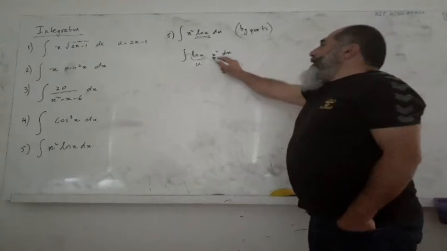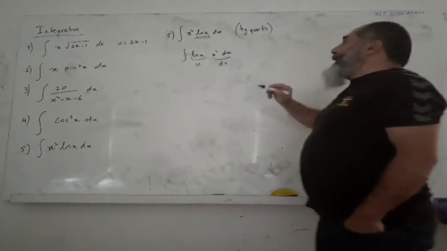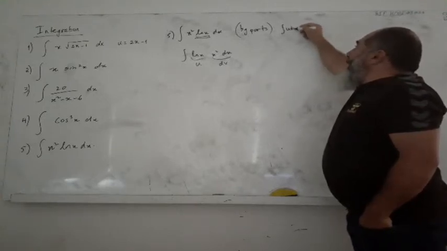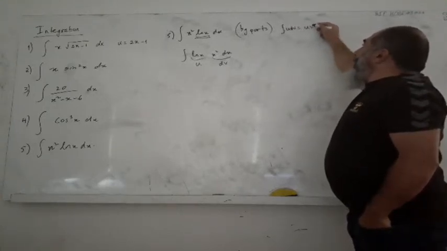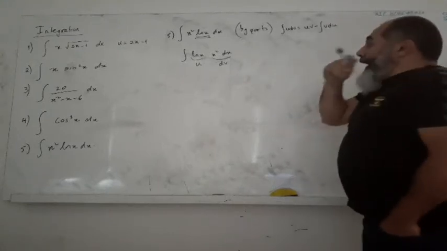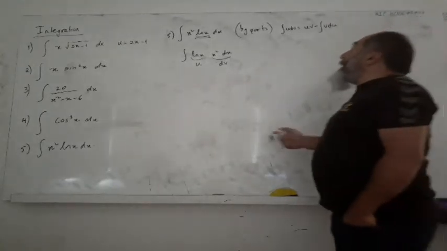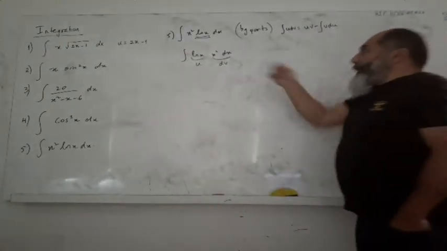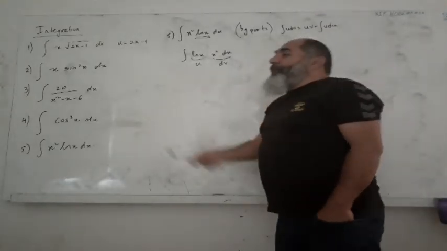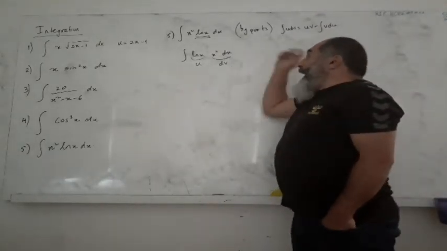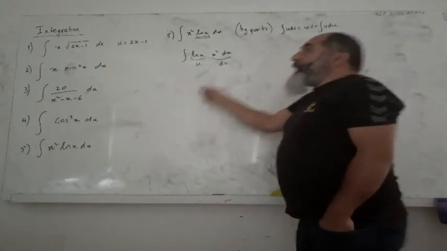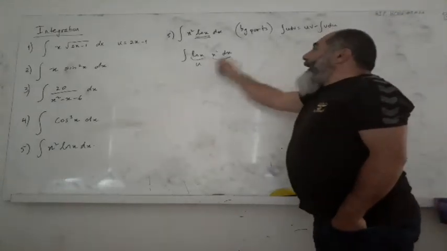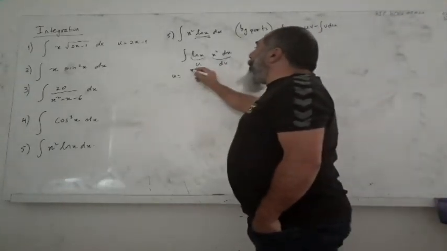Remember, for by parts, the integral of u dv is equal to uv minus the integral of v du. We also used integration by parts in example 2, but this is a different case because in the question we have ln x. If we have ln x, u is always ln x because we only know the derivative of ln x. We don't know the integration of ln x.